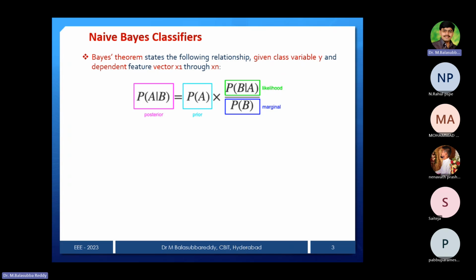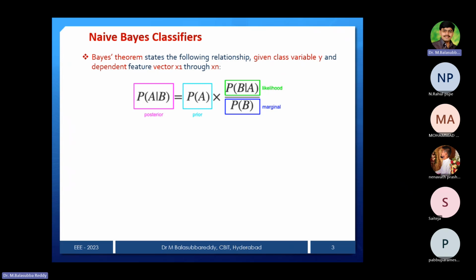Now Bayes theorem: the posterior probability P(A|B) is equal to P(A) times P(B|A) divided by P(B). Here you can see the posterior probability, prior probability, likelihood probability and marginal probability.